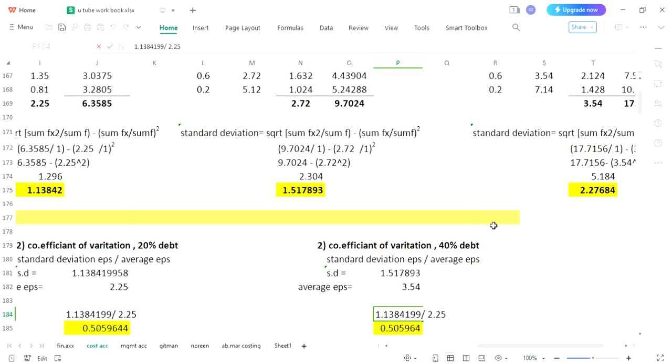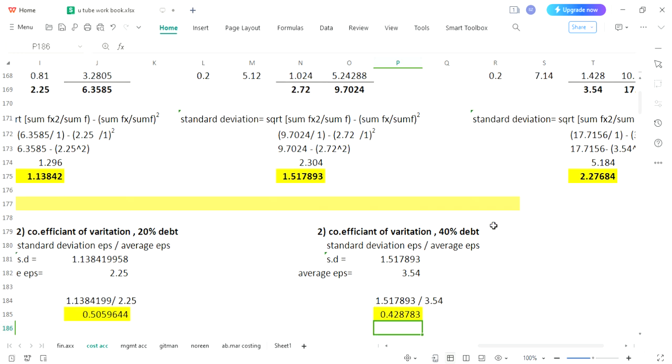So here we are going to calculate 1.517893, which was your standard deviation, divided by 3.54, your arithmetic mean.